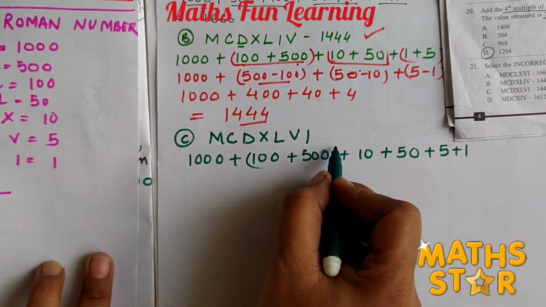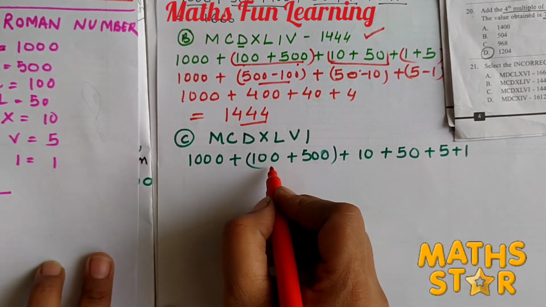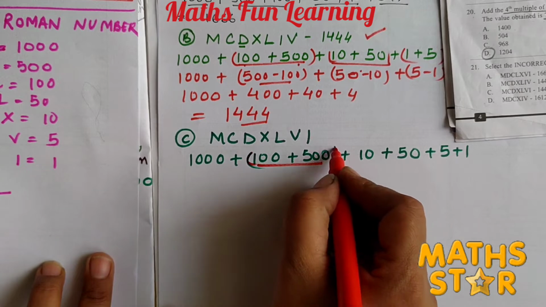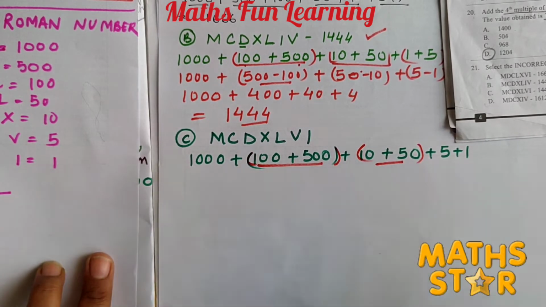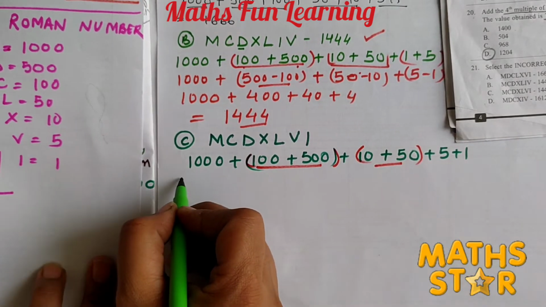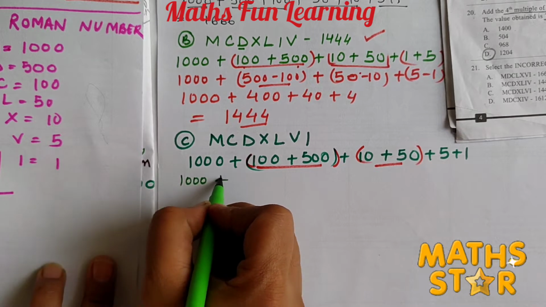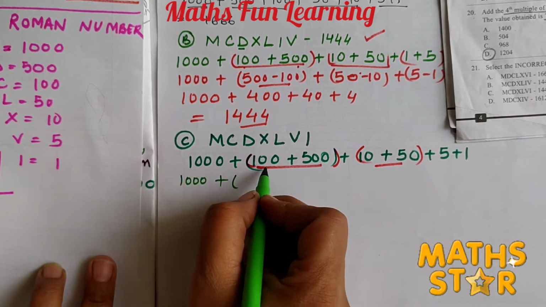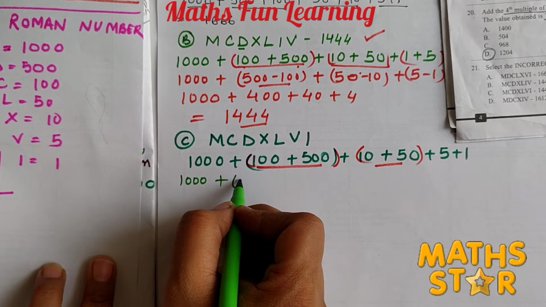Here you can observe that this is subtraction because the smaller numbers are on the left. So 1000 plus 500 minus 100 is 400.